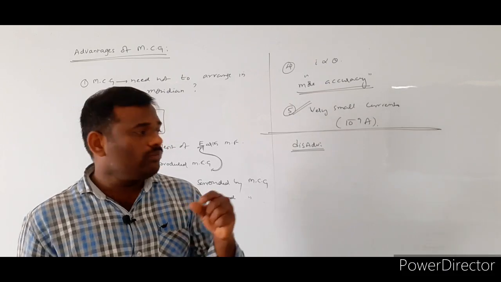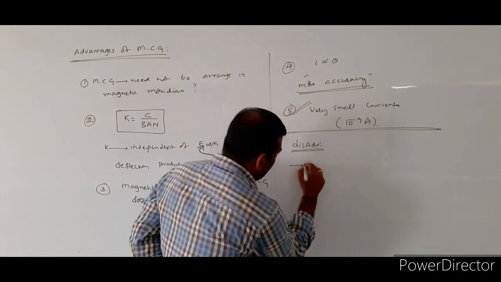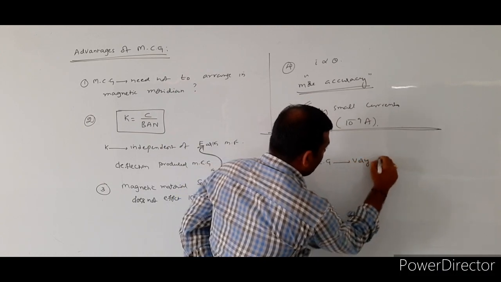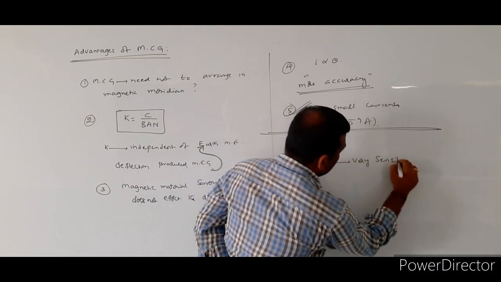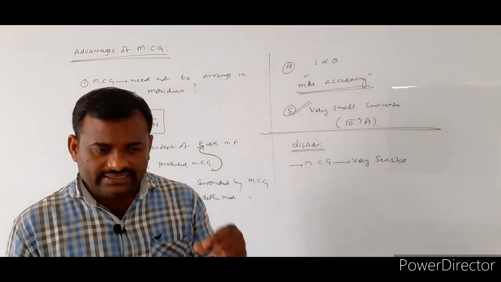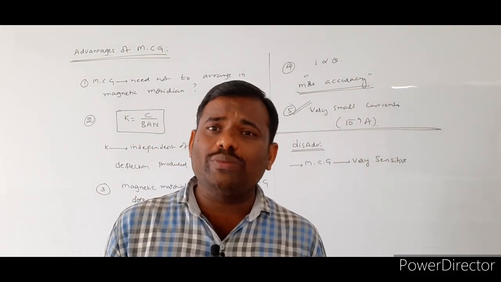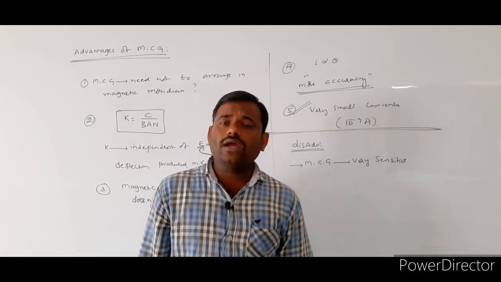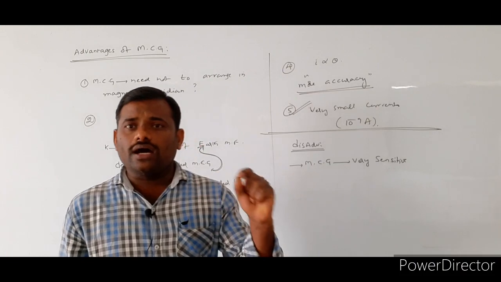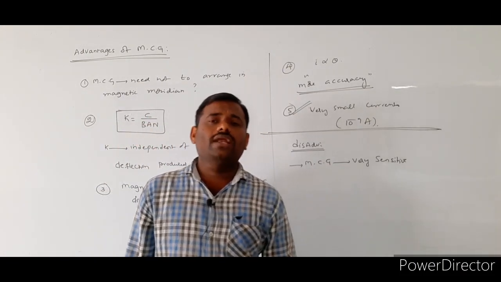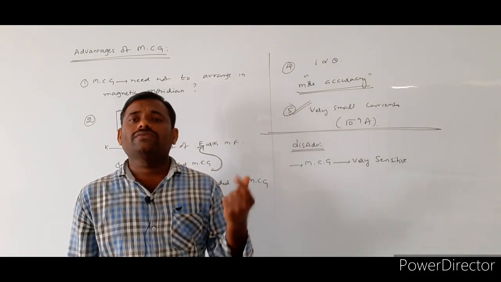Suppose a large current flows through the moving coil galvanometer, then what will happen?